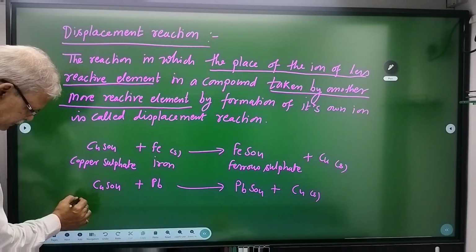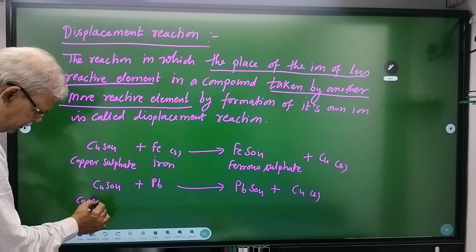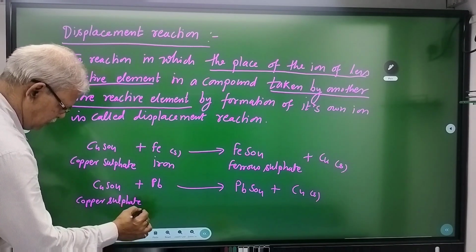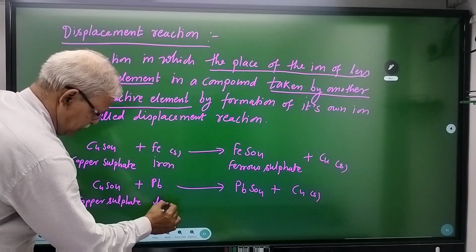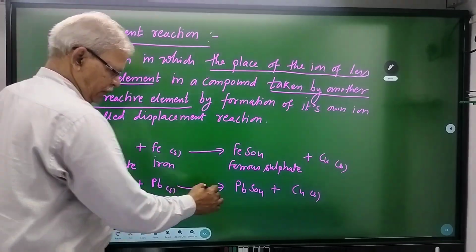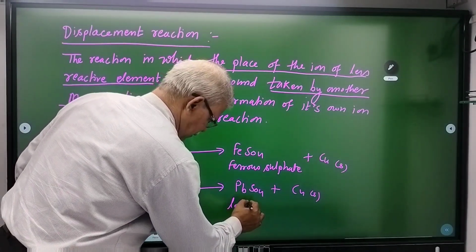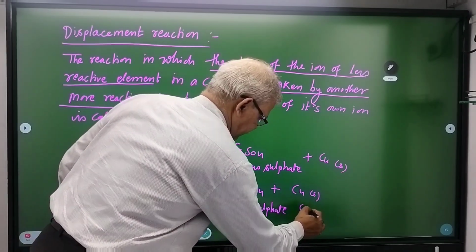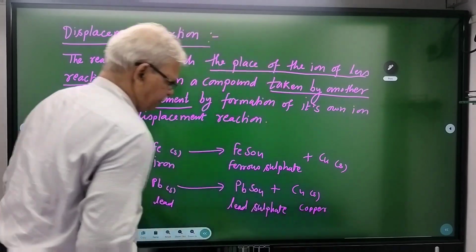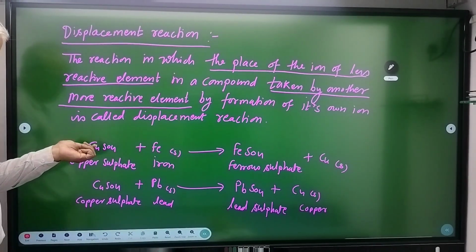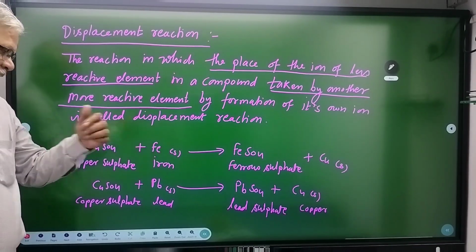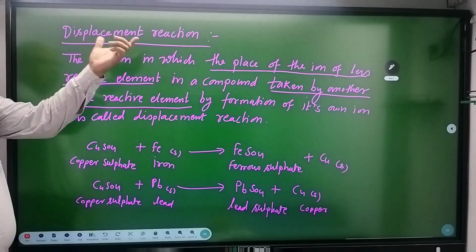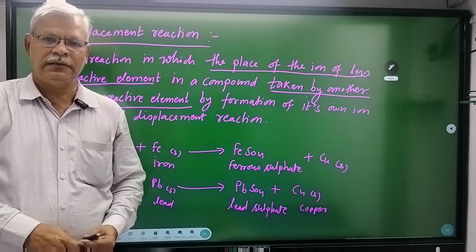Okay, this is copper sulfate, and here it is lead in solid form forming lead sulfate. Here now see that copper is replaced by iron, here copper is replaced by lead. Therefore, this is called the displacement reaction.